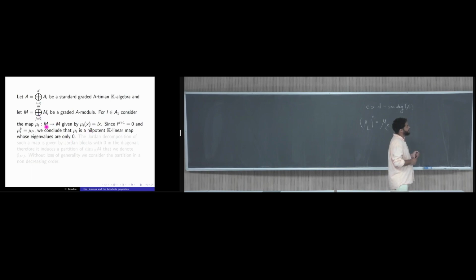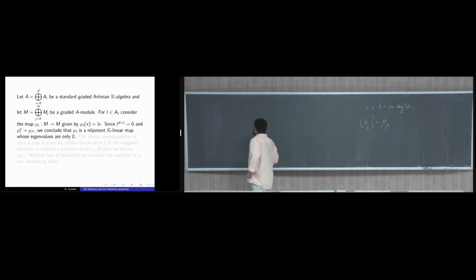Consider the multiplication map in the module given by L. Since L to the d plus 1 is 0, and we have this condition, we conclude that mu L is a nilpotent K-linear map. Therefore, the eigenvalues are 0.